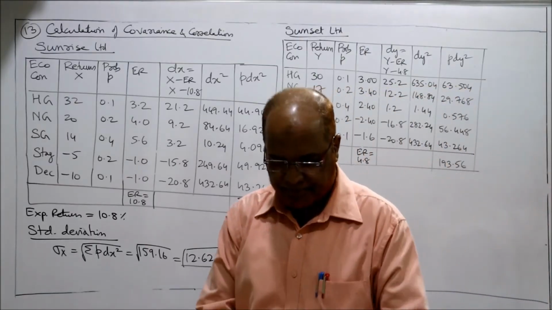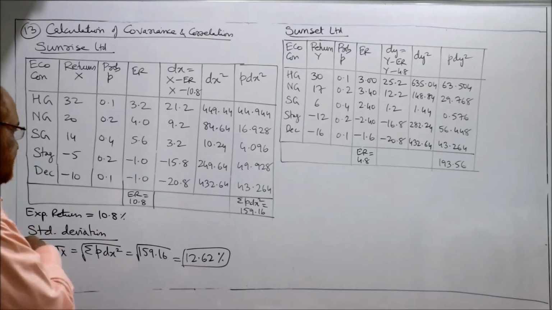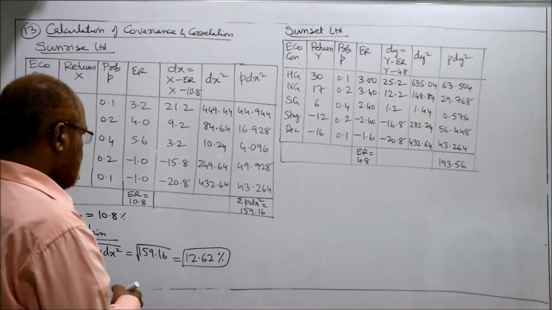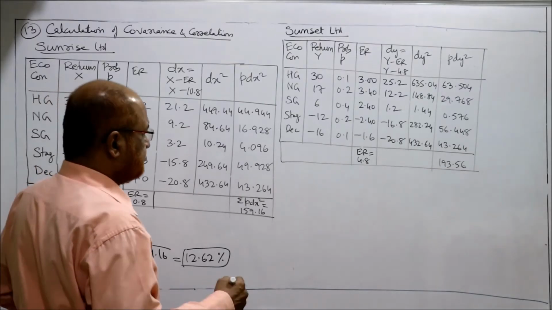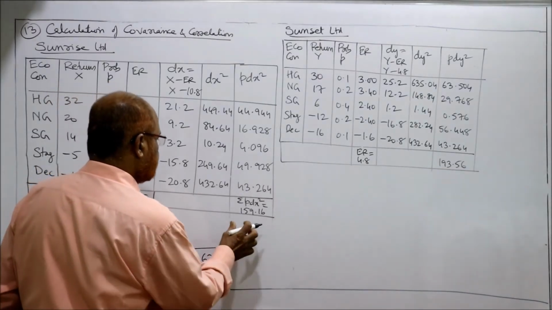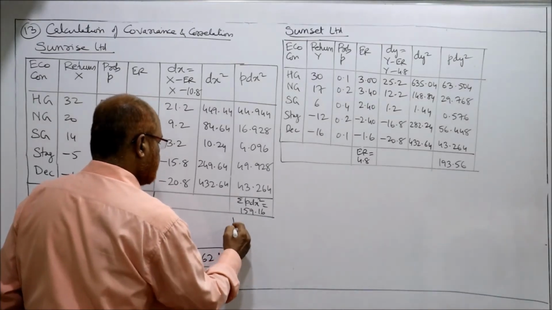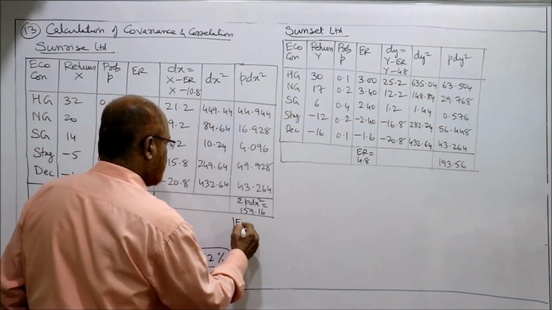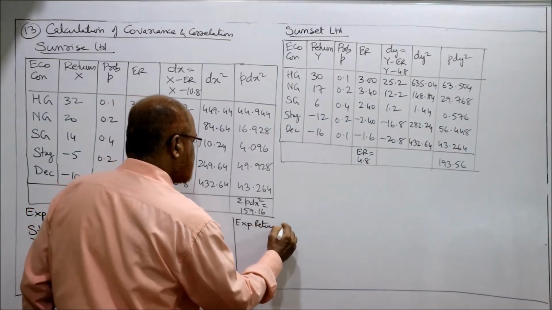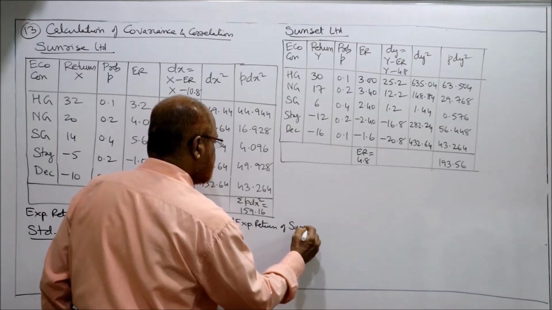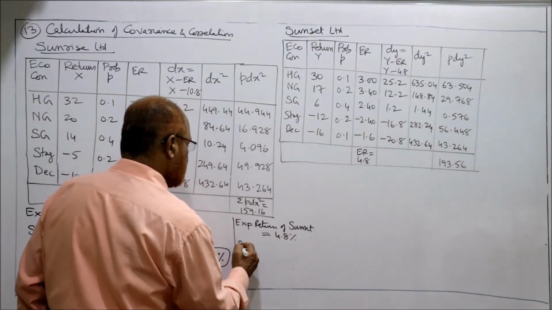That's it. So we have calculated the expected return and standard deviation. Expected return of Sunset is equal to 4.8%.